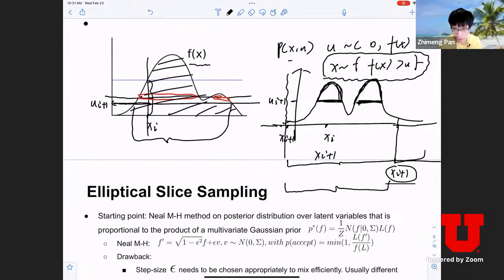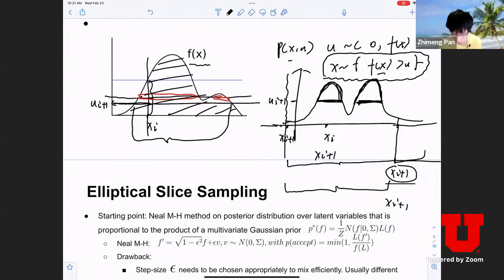How do you know every time you will be able to sample, like the resulting area is still valid? Yeah, if you get the sample xi plus 1, you just plug this into the fx to check if it is greater than the u.